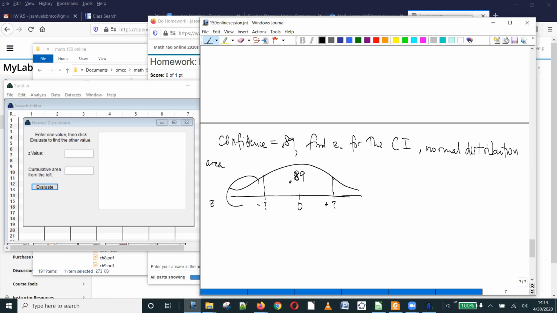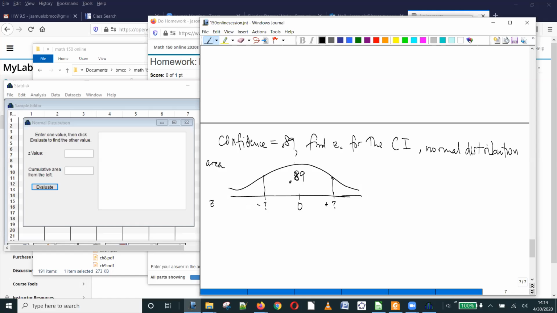What's the area over here and the area over here? What can you say about those areas? They are the same. That is the whole point of a confidence interval, that what's happening on the right side and what's happening on the left side are symmetric.